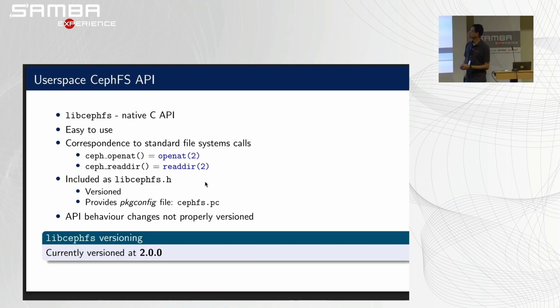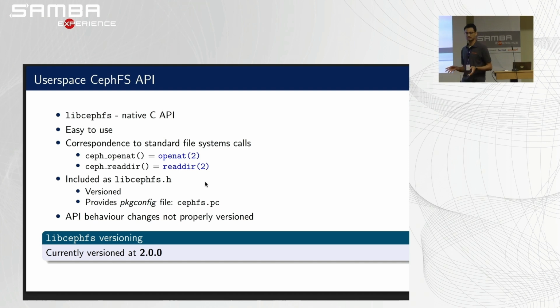It is a native C API from the CephFS side. It has correspondence to most of the system calls that we see nowadays, whether it is openat or others; these are just two examples that I have written. It is basically prefixed with ceph_, so you can get all these APIs from there. It is included as part of the header file libcephfs.h, and it is versioned.